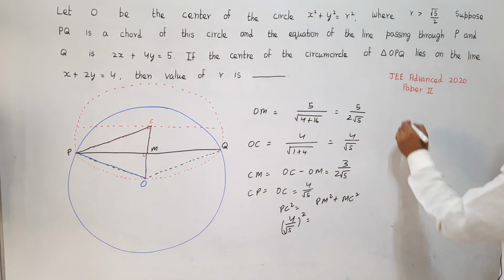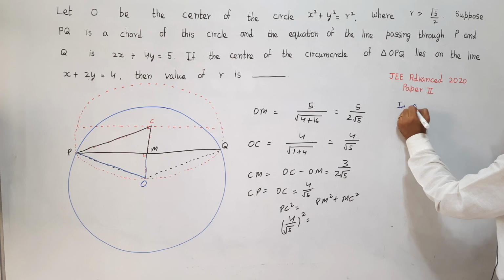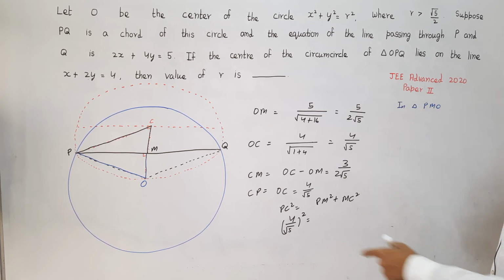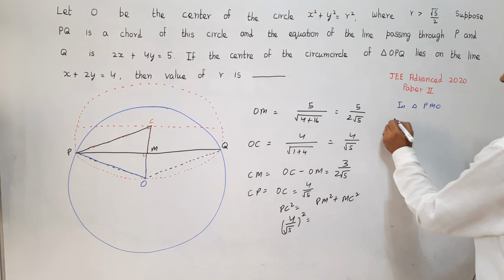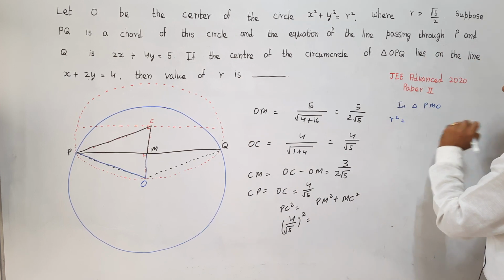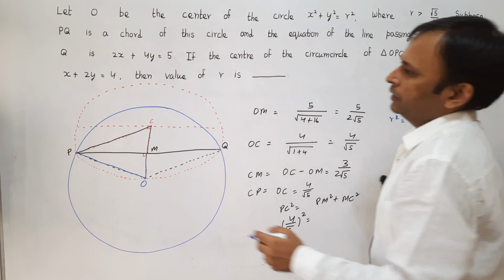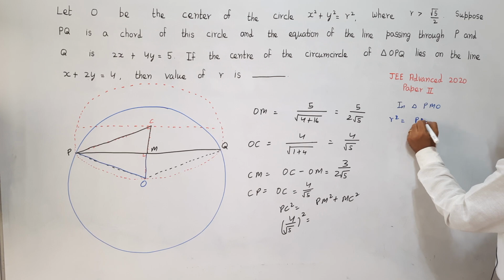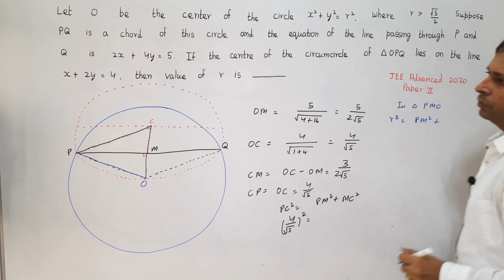Okay. So if I take triangle PMO and use the Pythagoras theorem, I will get PO square, that is R square, equal to this length PM square plus OM square.